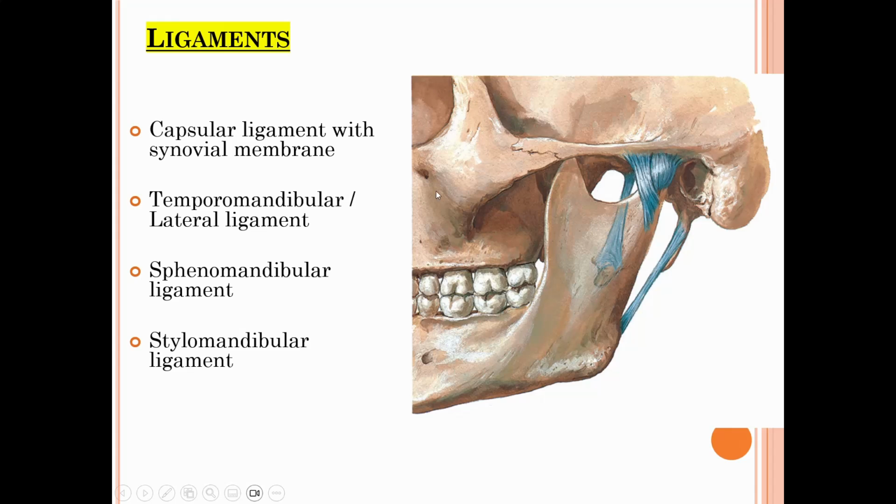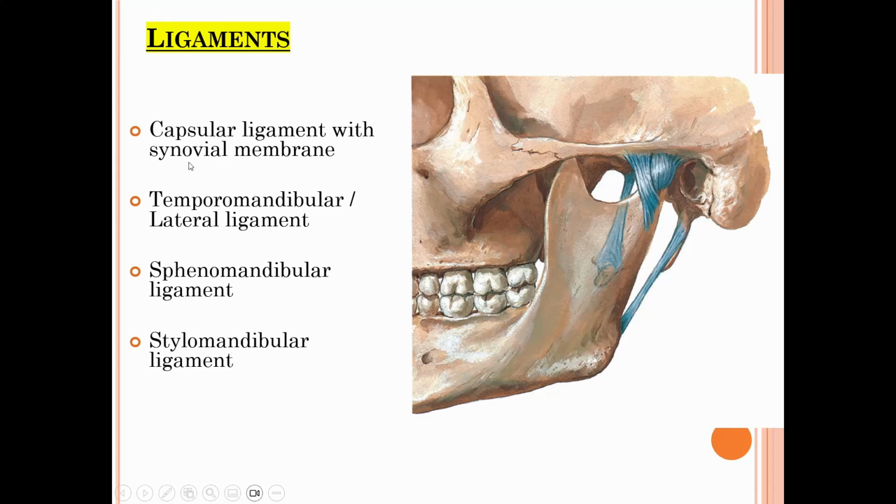So you can see here there is the capsular ligament. Then there is the temporomandibular or lateral ligament. Then there is one which is not visible clearly because it is on the inner aspect, known as the sphenomandibular ligament, and this is the stylomandibular ligament. So there are four ligaments.